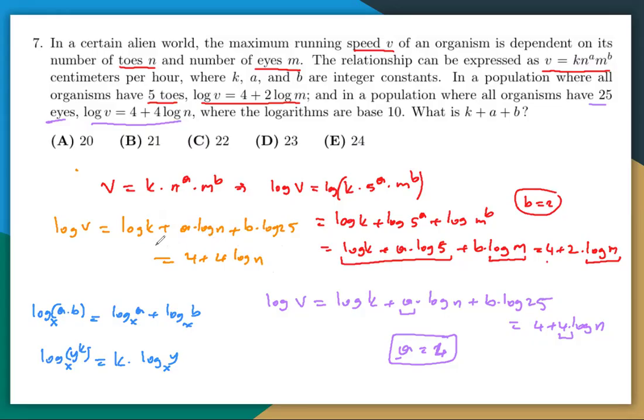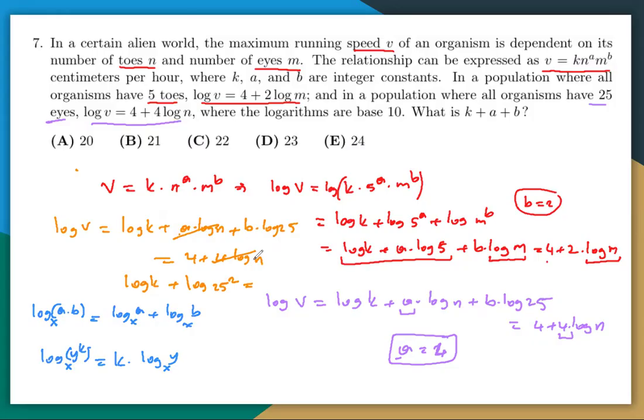So what we have now is basically, this is 4, so these will cancel. You will get log k plus b times log 25. And then b was 2, but I can pull that in as a power, so you will get log 25 to the b power, which is the second power. And then this is equal to log v.